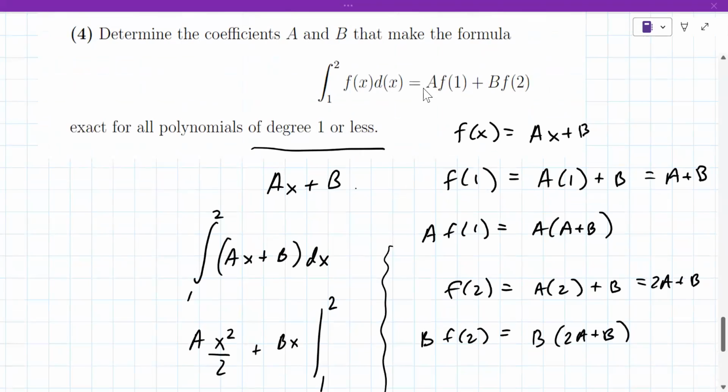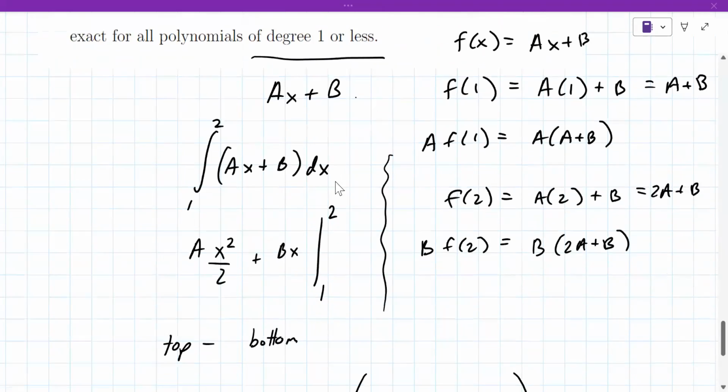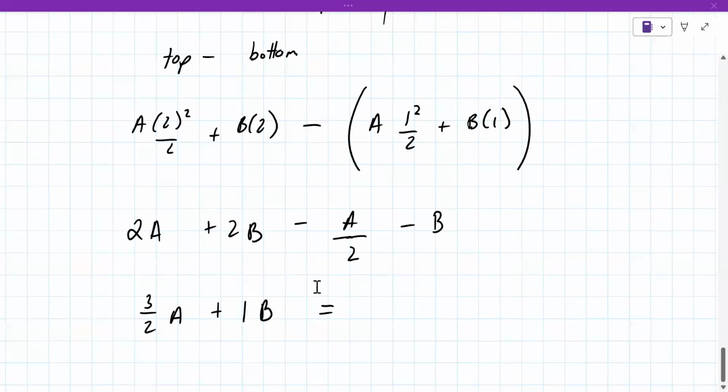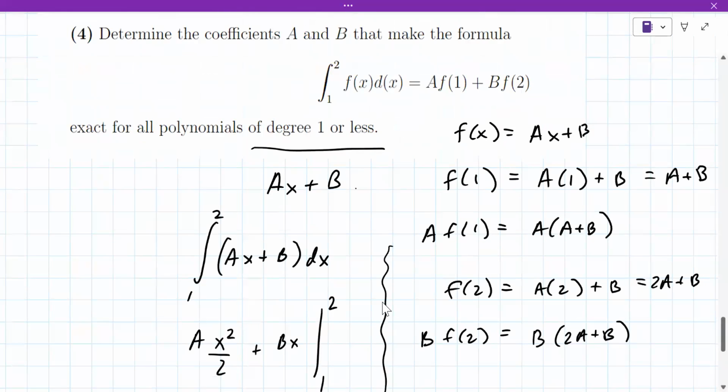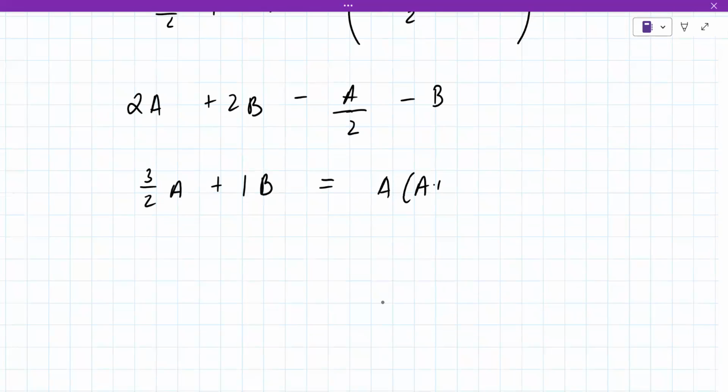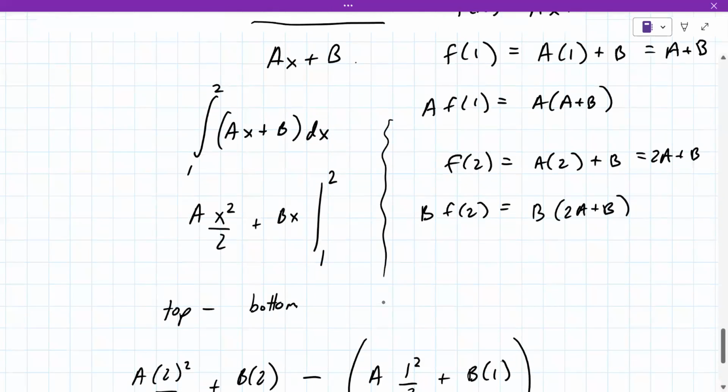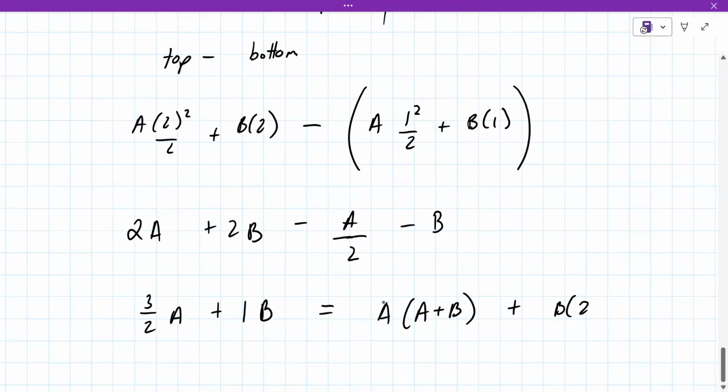Like I said, usually A and B are these numbers, and you prove whether it works or not by doing this integration and then this stuff. So we were about to get something like that. I mean, we should get the same answer. A times A plus B plus B times 2A plus B. That's 3.